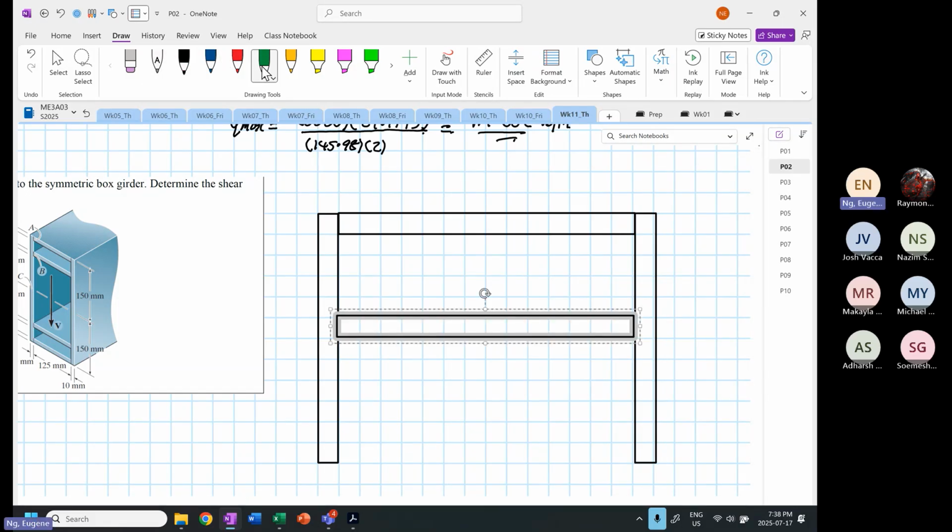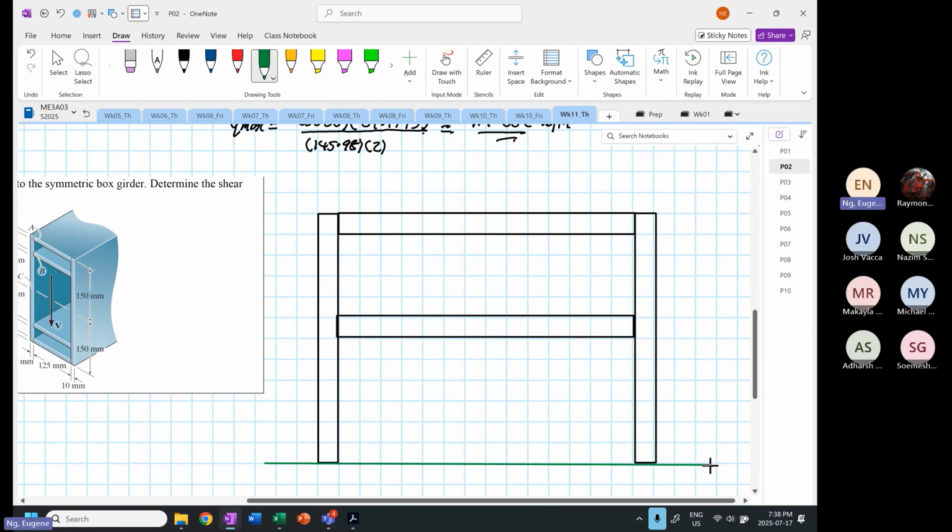And then I'm going to put a green line, which represents our geometric centroid, right? So I only sketch half of it. And we know that over here, this is point A. And over here, this is point B, right? So the major web, as you can see, these are all your major web.